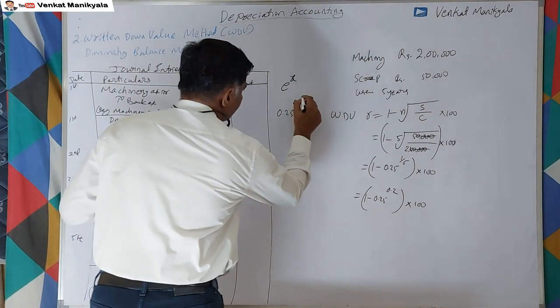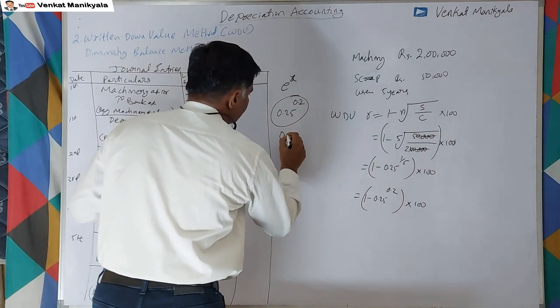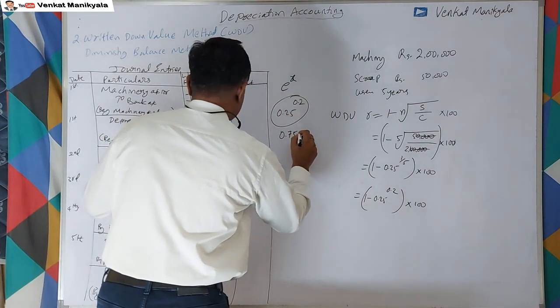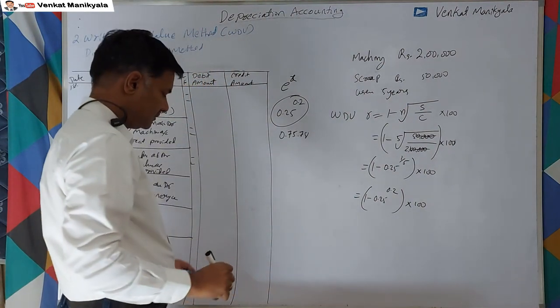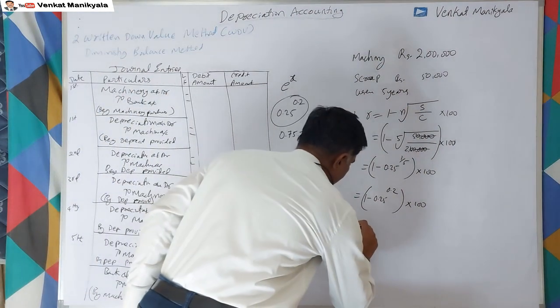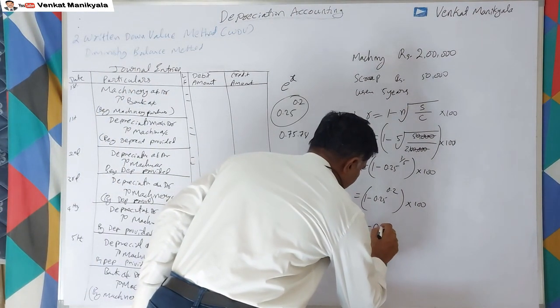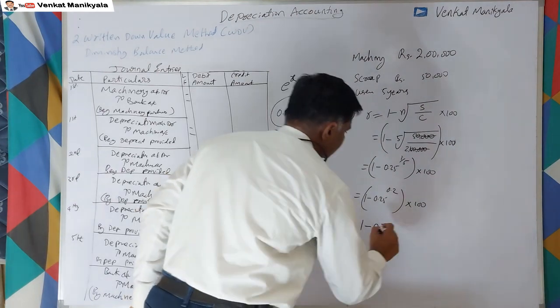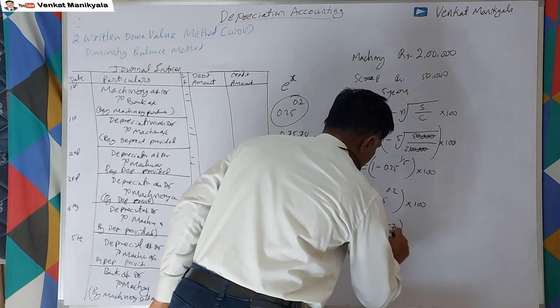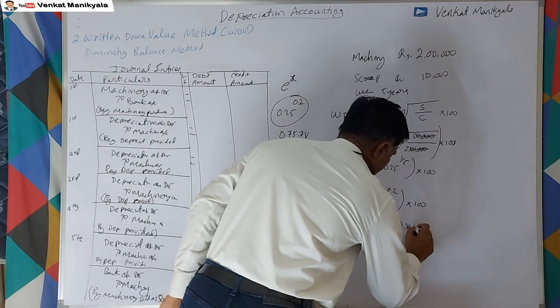So for this value 0.7578, right? That means here 1 minus 0.7578 multiplied by 100.